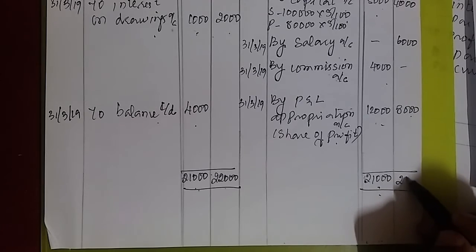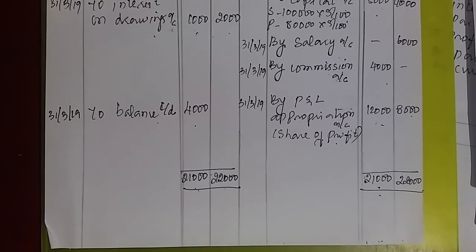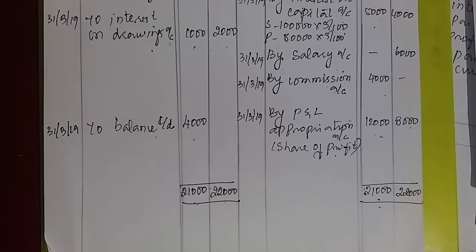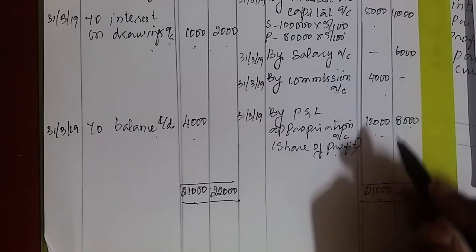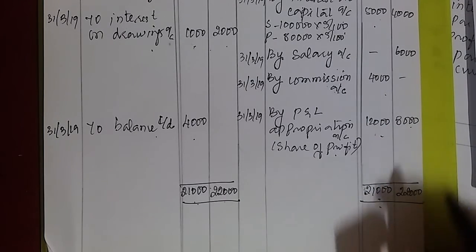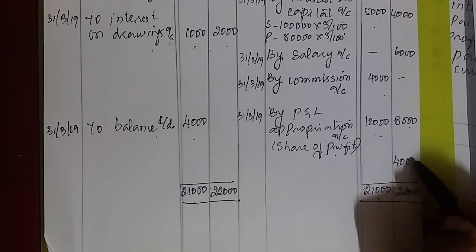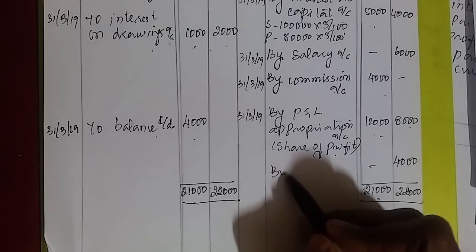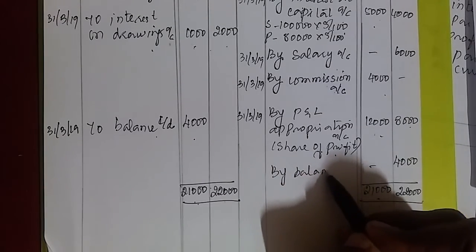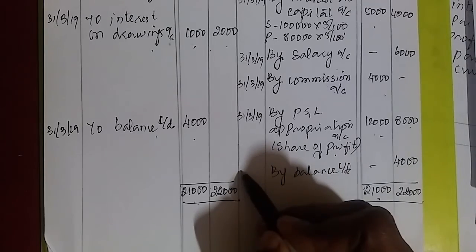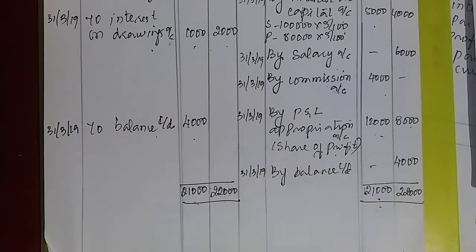Same total I write here on the credit side. From this 18,000 you deduct, you will get the balance of 4,000. I write balance carry down here also, 31/3.